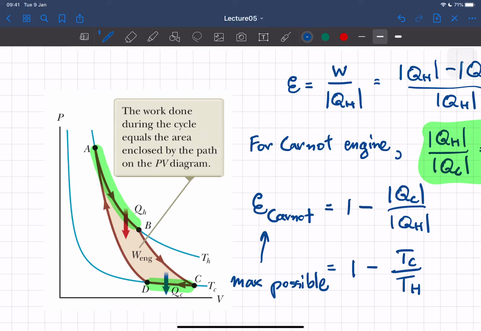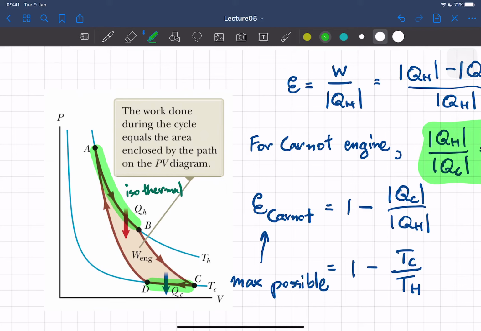And I can write it here, so maybe in green. So isothermal. Isothermal is the time where you extract heat from the hot side and then you throw away heat to the cold side. That's the only time where you have heat exchange between the system and the heat bath.